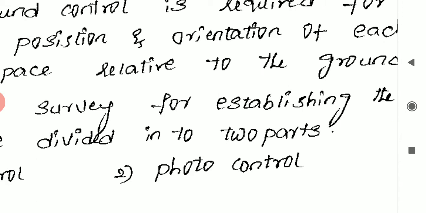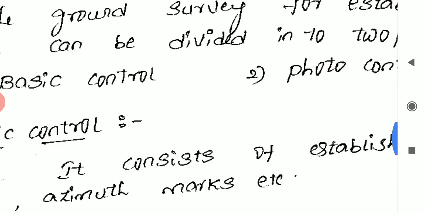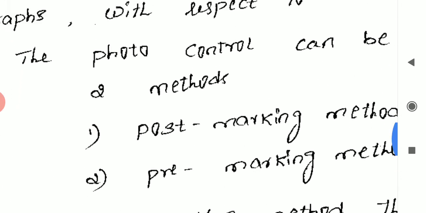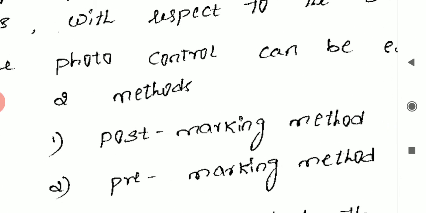Photo control can be established or determined by two methods. The first is the post marking method, and the other is the pre marking method. We will establish the photo control by these methods.